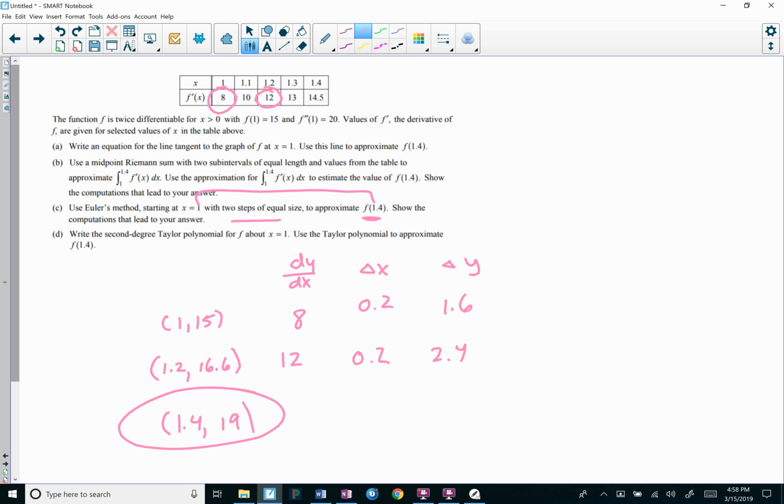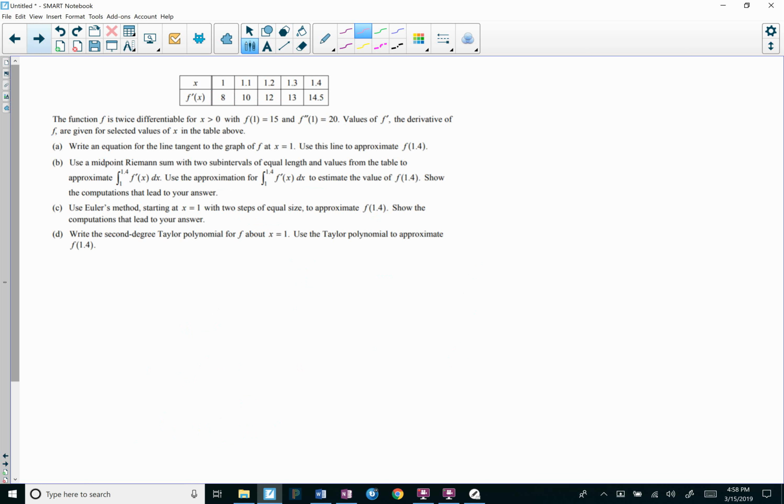And part D is the one people mess up on, but it is a pretty straightforward Taylor polynomial. Okay, so we want f of 1, which is 15, plus, now remember it's f prime, let me actually write out my Taylor polynomial so you remember first.